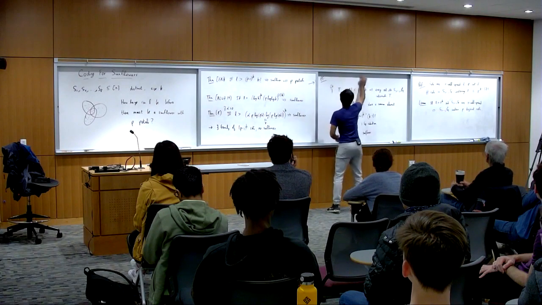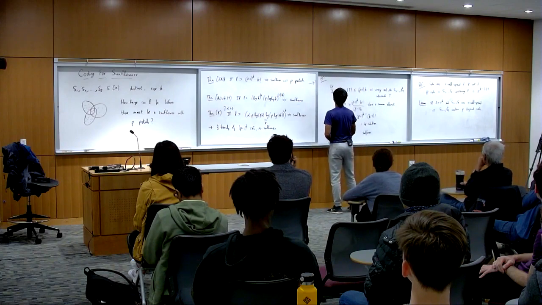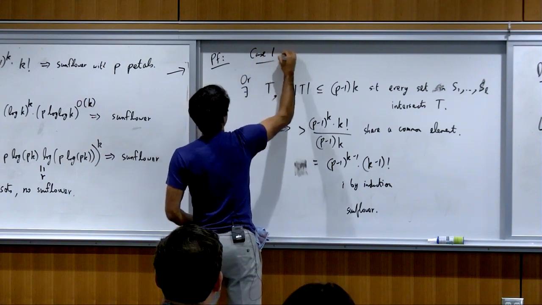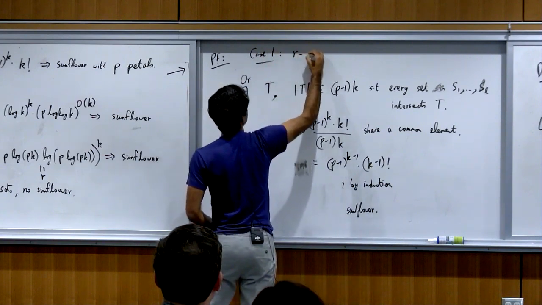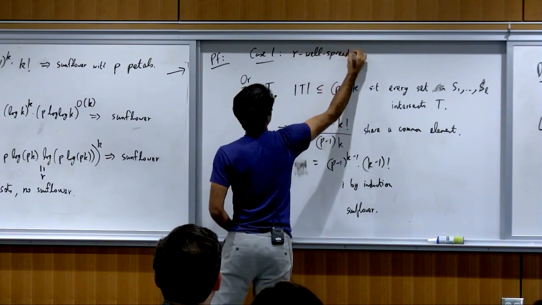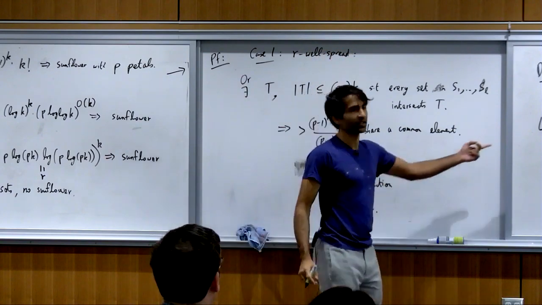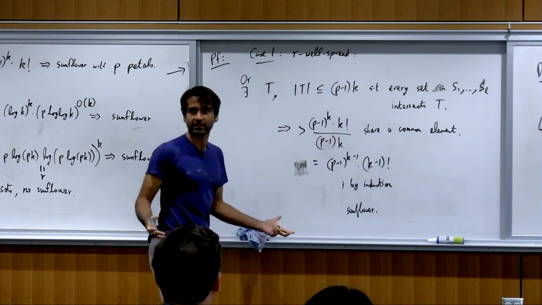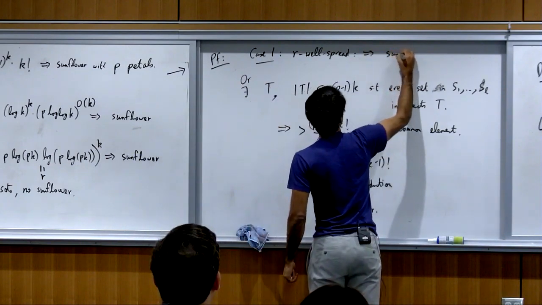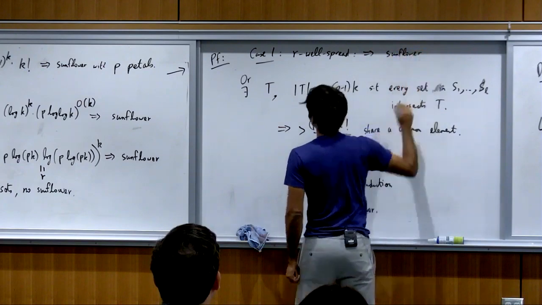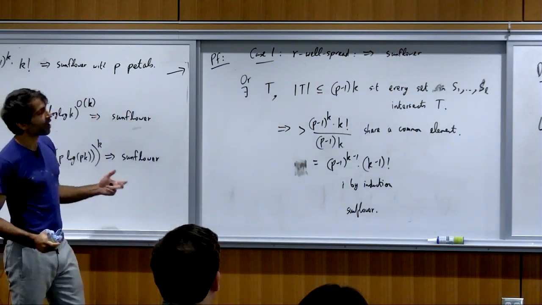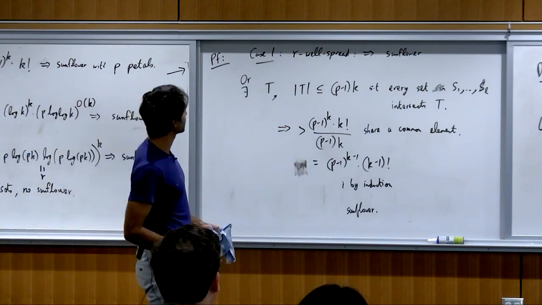So there are two cases. The first case is that the family of sets that we have is R-well-spread. In this case we're done, because the lemma promises that there are p disjoint sets. So we get a sunflower, done. And if this is not the case, what does it mean that the family is not R-well-spread?